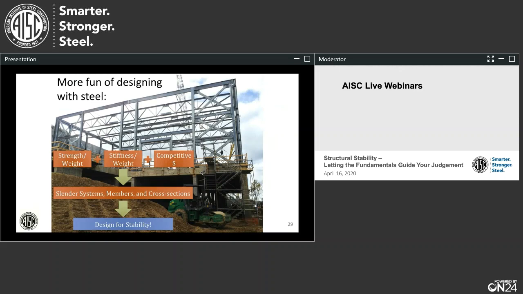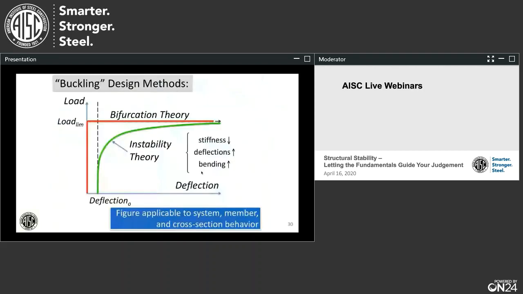And when you have things that are slender, they want to buckle under compression. So as a steel designer, we basically have to design two things: connections, connections, connections, and design for compression. The rest of it really is pretty straightforward. So we're going to focus not on connections, but on the buckling, the stability aspect.